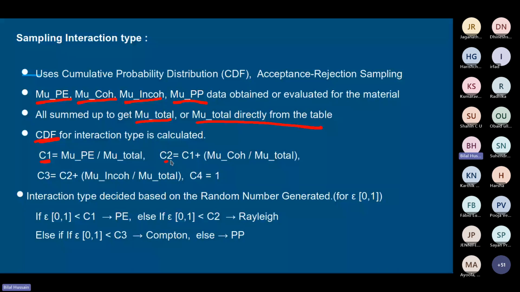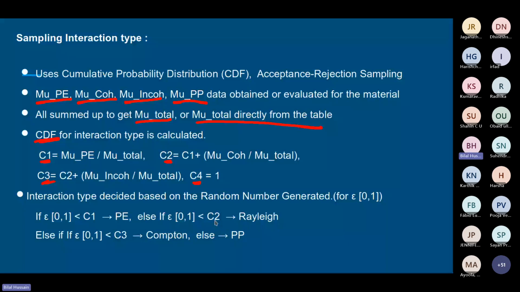So I'm using the acceptance rejection method. If the random number generated between 0 and 1 is less than C1, then I decide the interaction is photoelectric. If the random number is less than C2, it's coherent.